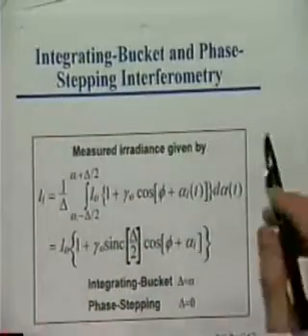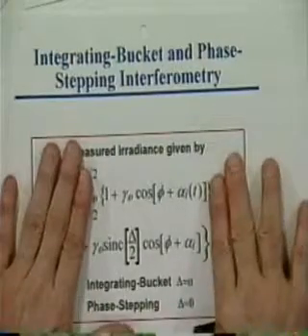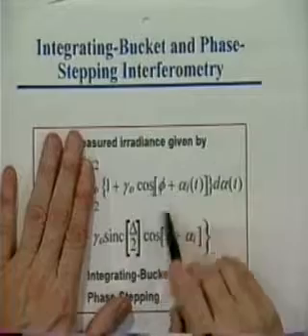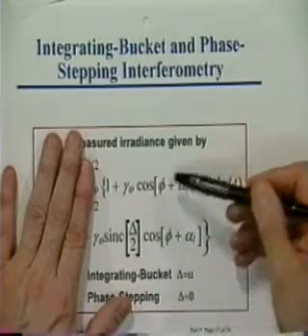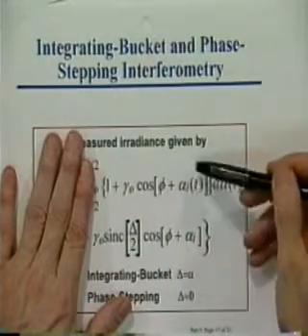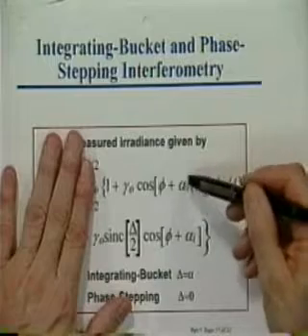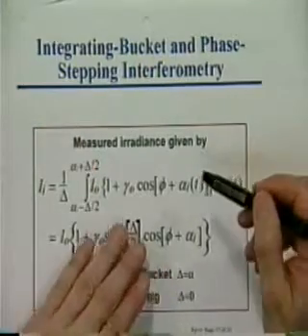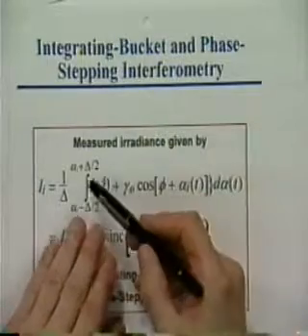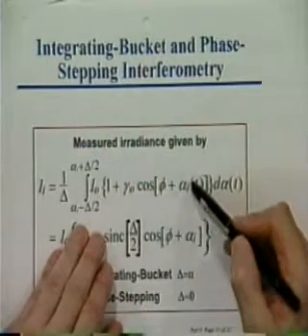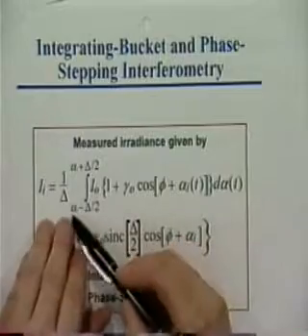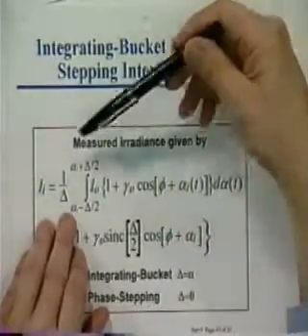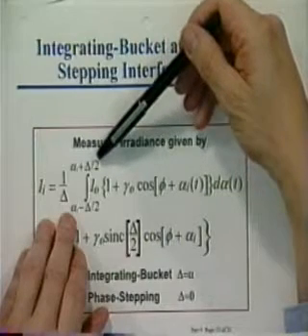So we say we have this intensity, some number plus another number times the cosine of the phase we're trying to measure, plus this thing here, which is going to be a constant changing at a constant rate with time, like omega t. And now we're going to integrate this as alpha varies from alpha sub i minus delta over 2 to alpha sub i plus delta over 2.